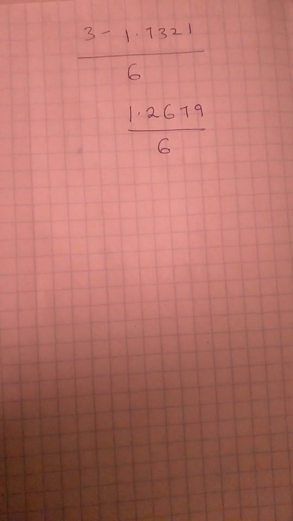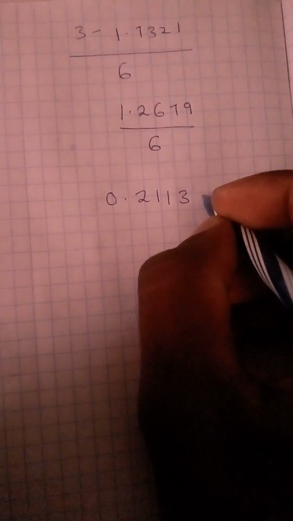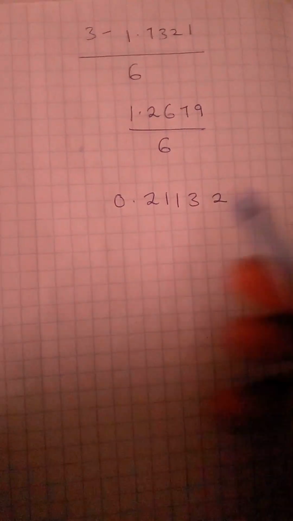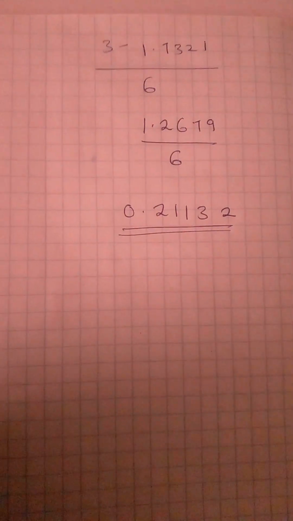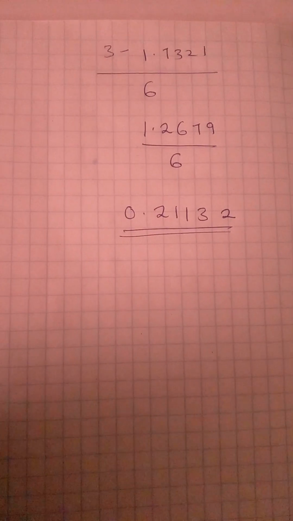Dividing it by 6 will give us 0.21132. We are told to 5 significant figures, so 1, 2, 3, 4, 5, and that is our answer. That's how simple we can simplify the expression in surds.